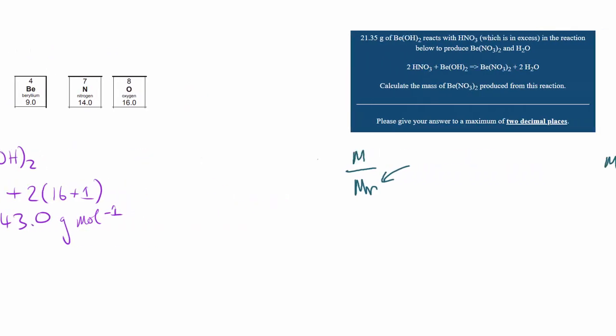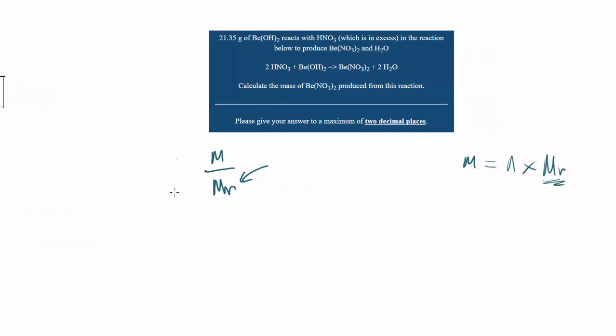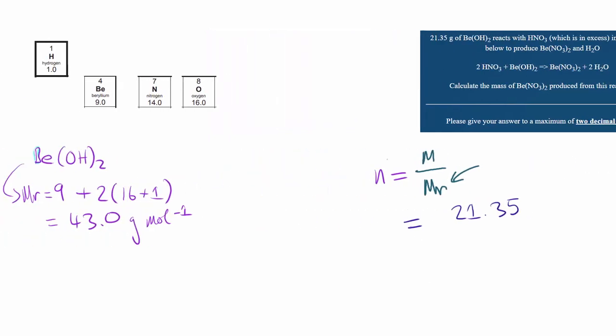All right. Now with that value, we can use that to work out the number of moles, right? So number of moles is equal to that. For this question, that would be 21.35, the mass of the beryllium hydroxide, divided by 43.0, right?